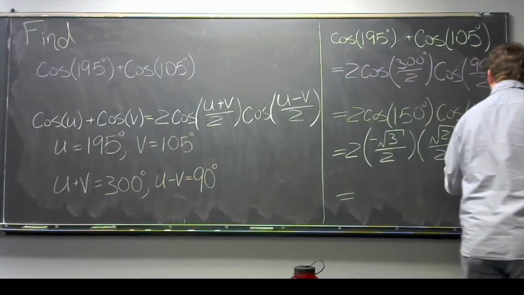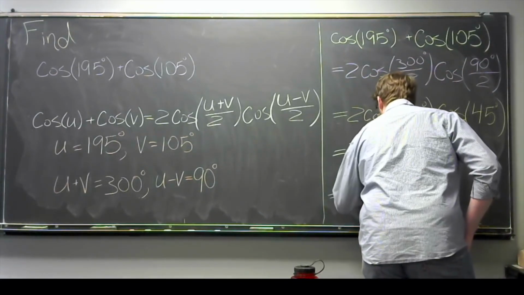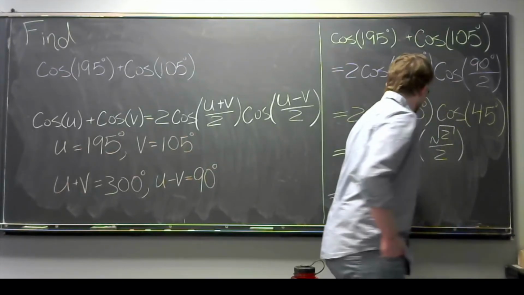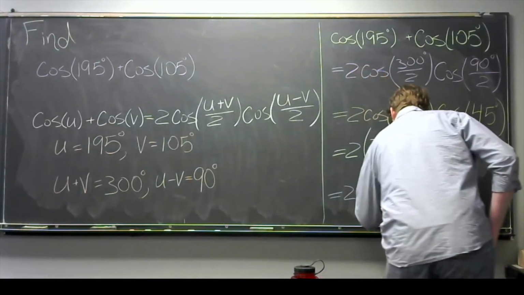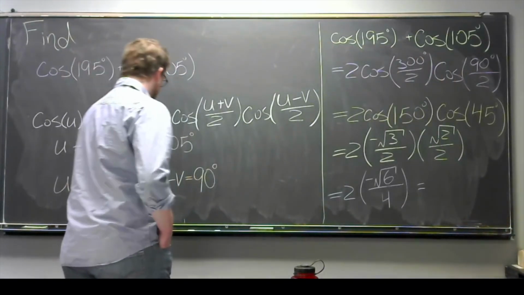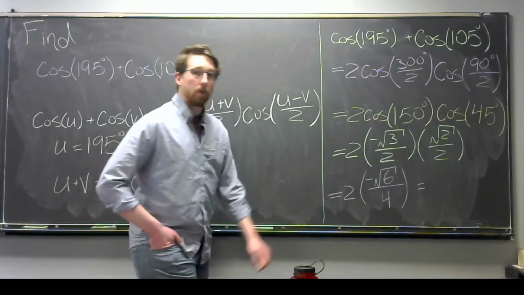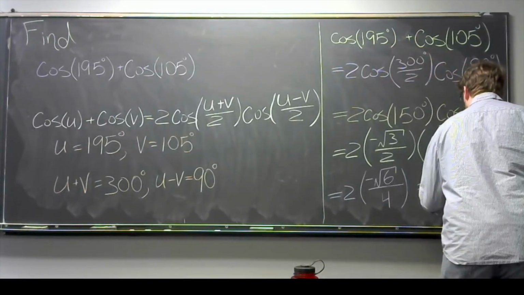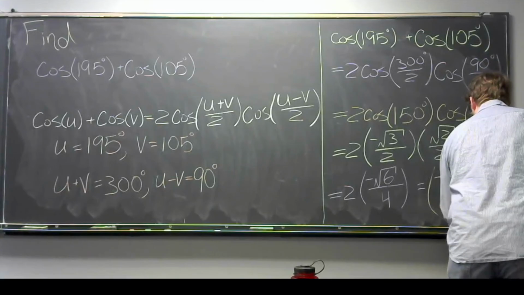When we do that, we're going to get 2 times negative square root of 6, the halves multiplying together, 4. Well, this 2 times the 1/4 is going to give us 1/2. So all of this comes out to be negative square root of 6 over 2.